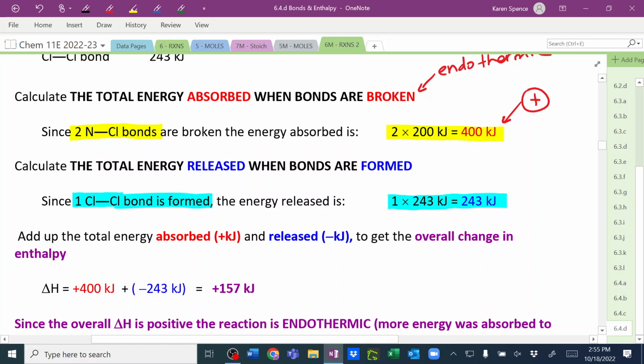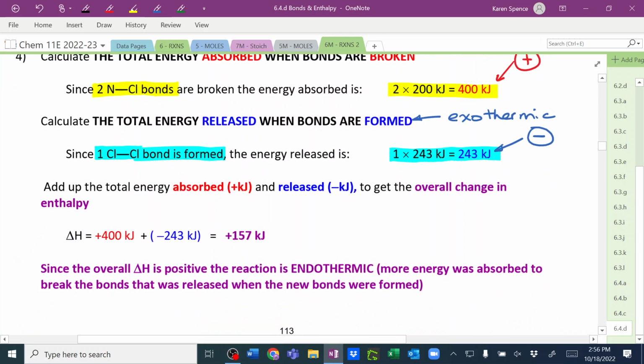Now, we have formed bonds over here. And when we form bonds, that is exothermic. And that means that that energy change is negative. Okay? Now, how do we know what the overall change is? We simply add the two together.